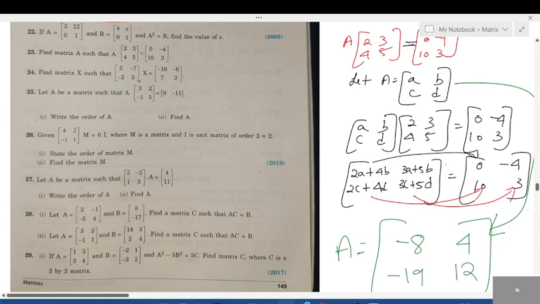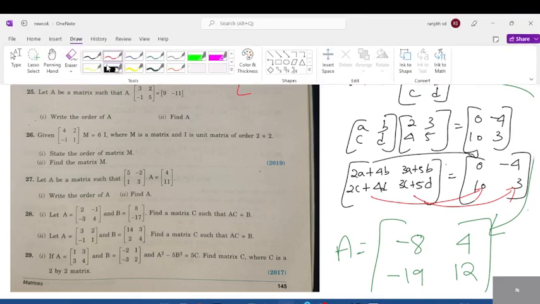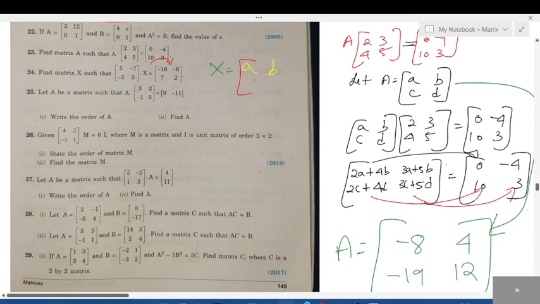Okay. Now that's it, students. For the 24th, can you tell me what you will assume the X value to be? According to the second matrix after the equal sign, how many elements are there? All of you respond, students. So what do you have to assume? A, B, C, D.